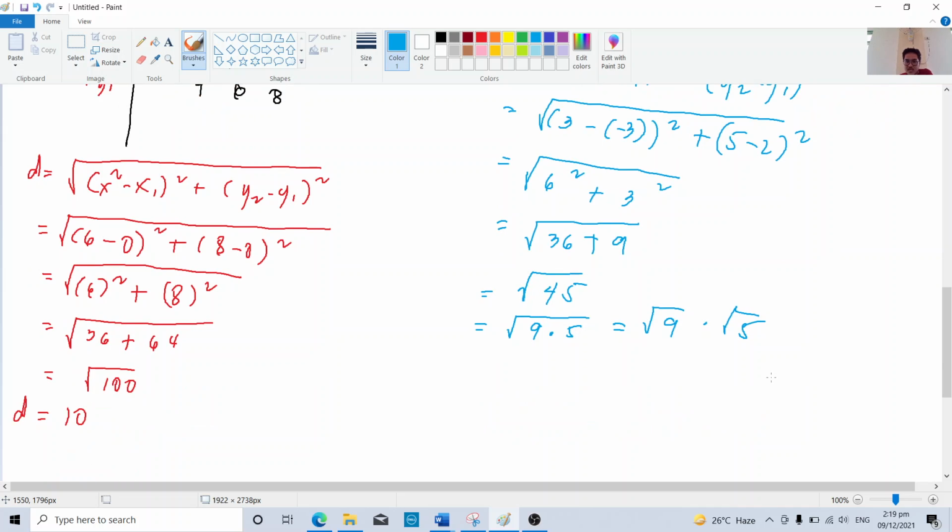Pwede yan sa radicals. What is the square root of 9? It is 3. What is the square root of 5? Wala. Therefore, the distance is 3 square root of 5. The distance between the 2 points, (negative 3, 2) and (3, 5), is 3 square root of 5.